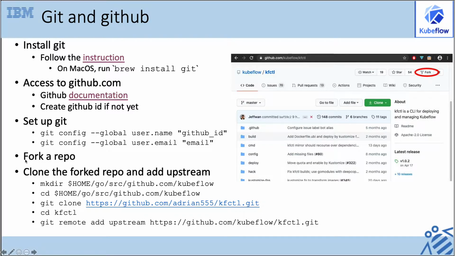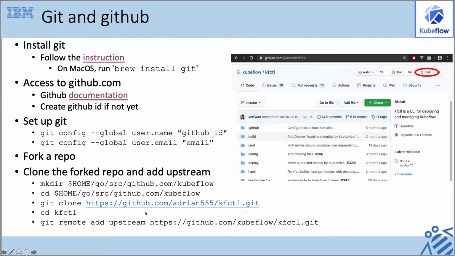And then you want to fork a repo. That's the beginning of getting involved in the project. Look at this picture here. You go to github.com to the Kubeflow Cave Cutter project, for example, and on the top right side there is a fork button. You click on it, and you can fork into your GitHub ID.